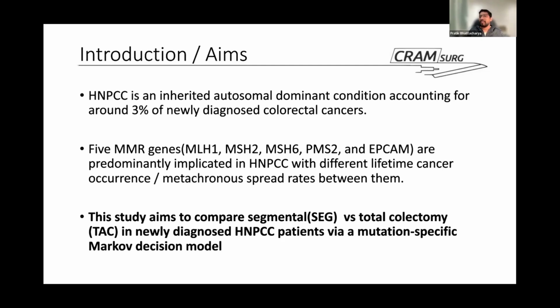This study aimed to compare segmental colectomy versus total colectomy in newly diagnosed HNPCC patients with colon cancer via a mutation-specific Markov decision model. So essentially, they wanted to see, with patients with newly diagnosed colon cancer having Lynch syndrome with these mutation variants, which surgery had better outcomes. They wanted to compare their outcomes. So next slide, please.